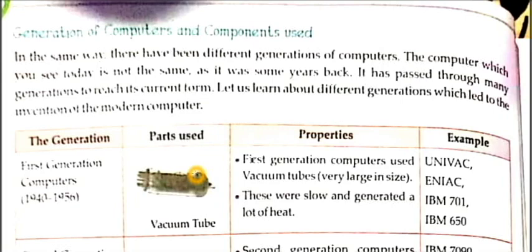These were very large in size, slow, and generated a lot of heat. Examples of first generation computers were UNIVAC, ENIAC, IBM 701 and IBM 650. Here in this table you can see the vacuum tubes used for first generation computers.